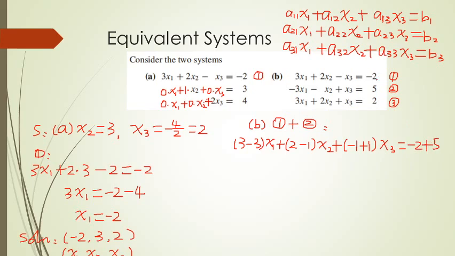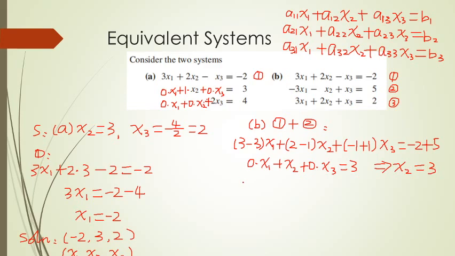Left part plus left part, right side constant b1 plus b2. Then we have 0 times x1 plus x2, and for x3, it's also 0, equals 3. So what is my x2? My x2 equals 3.